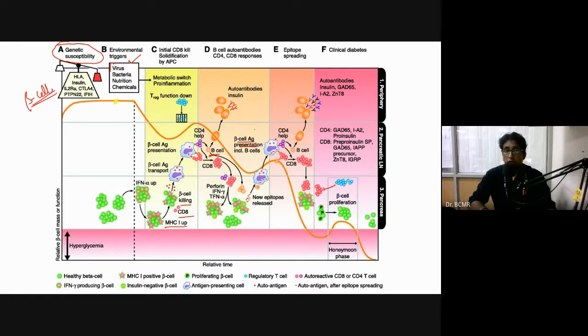That means we are going to have more autoantibodies against the beta cells. Eventually we will have so many autoantibodies that the majority of the beta cells are killed away. This is what will result in hyperglycemia.